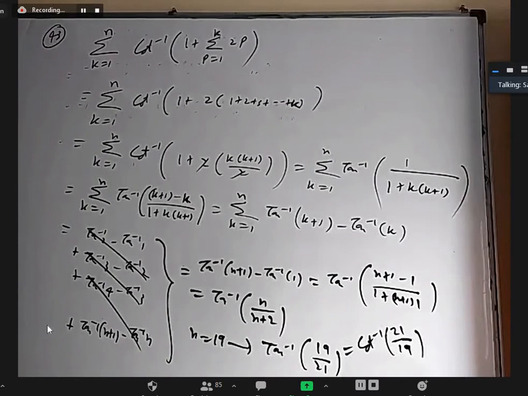Anybody any doubt regarding 43? Sir, in the third step, how do you change from K to N?